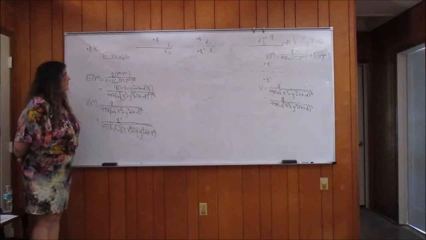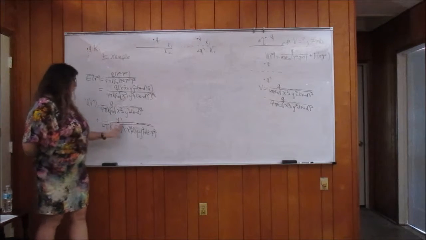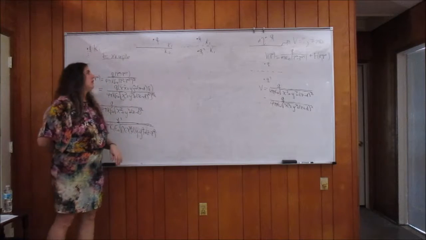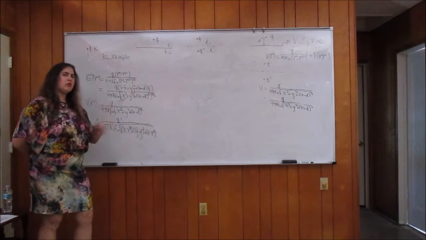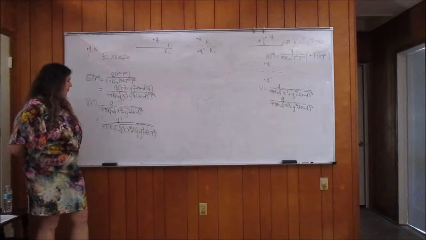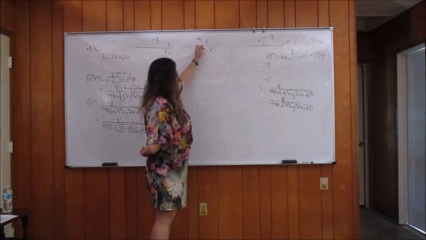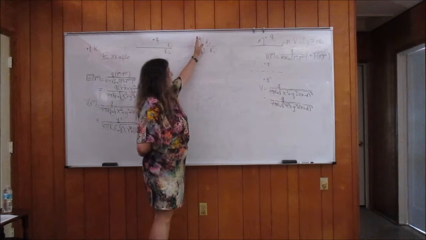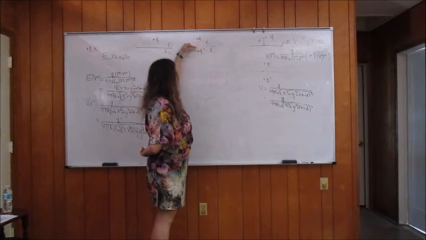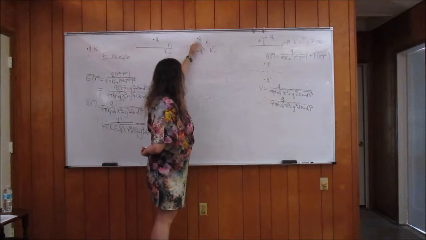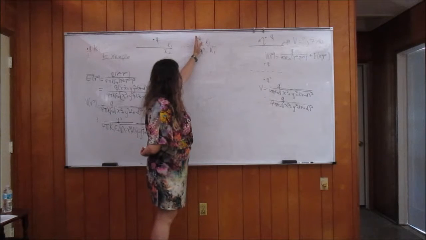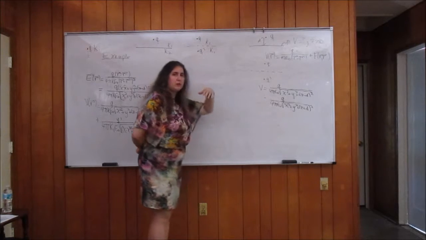First order of business in determining this charge and where it's located is to figure out where we should put it. Well, it makes sense that this would lie along the same line that joins Q to the interface. So we're going to draw this line such that it is perpendicular to the interface.